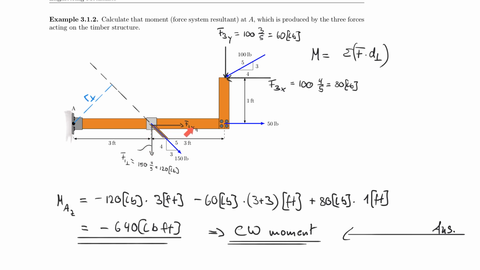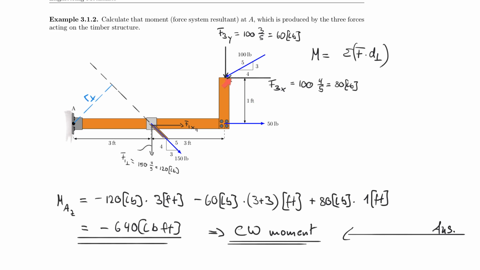And once again, I didn't have to worry about the 50 pounds here and this component. I didn't even calculate it because it passes right through the point of interest. Be careful. Often students think that, hey, this is going in the negative direction, therefore it's a negative rotation, which you can see here is already not true.